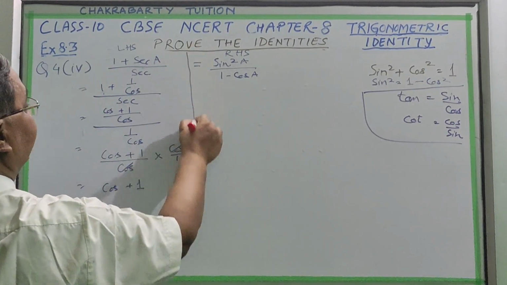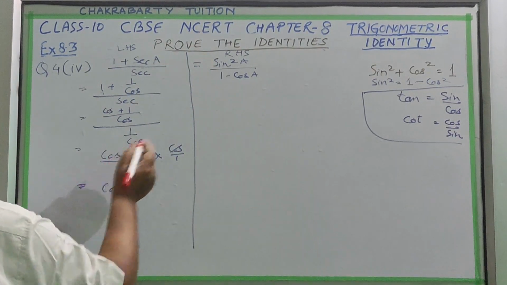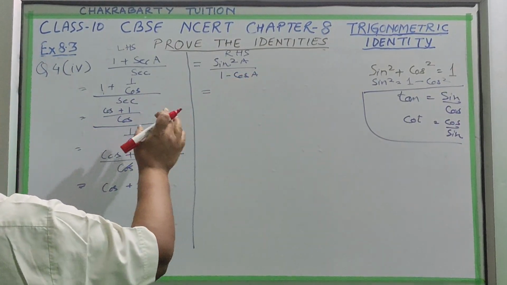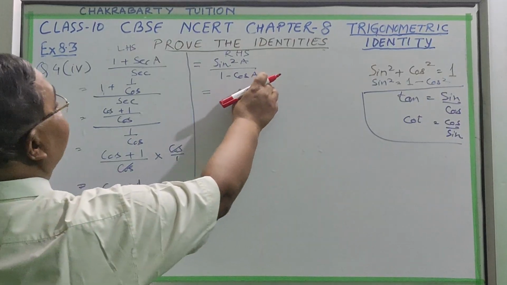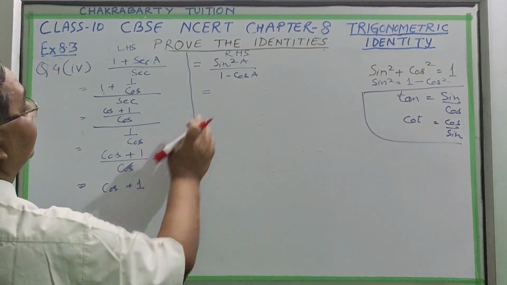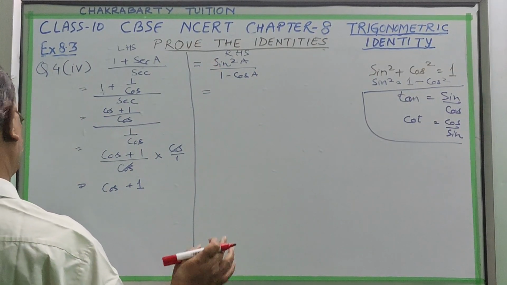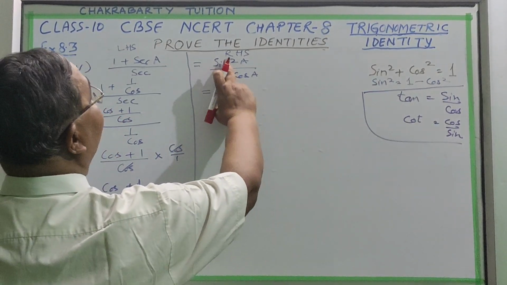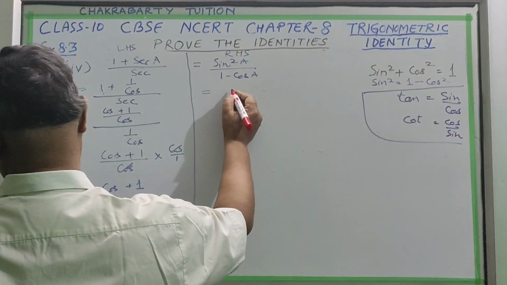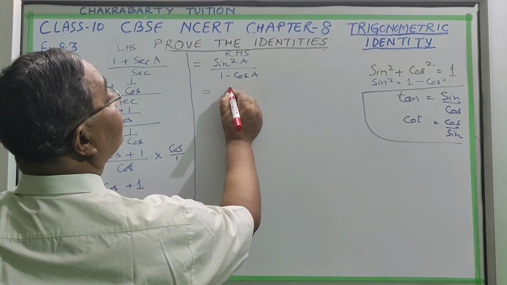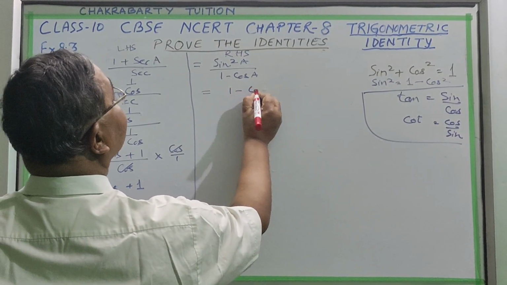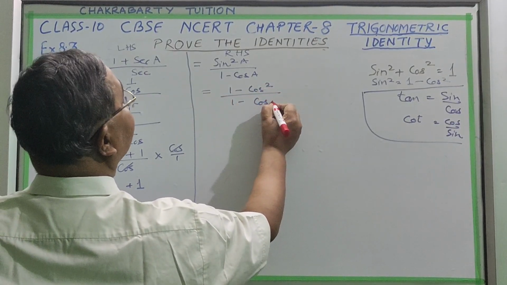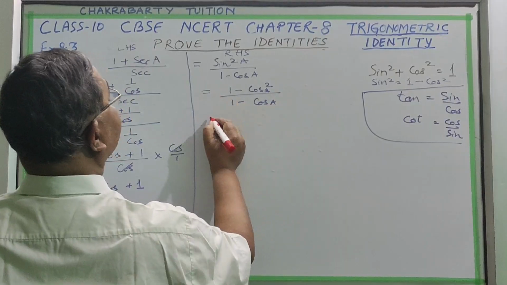So this is one side. Now this side we are solving, because directly it has not come. So what we will prove it to something, and if this also will come to something, then both will be equal. So here this identity we will use, and we will make sine square. We can write sine square is equal to 1 minus cos square.